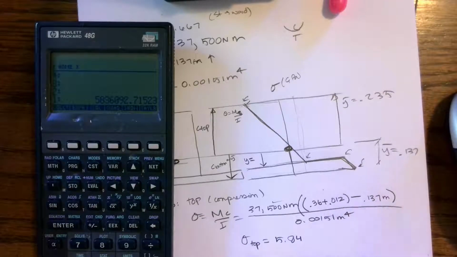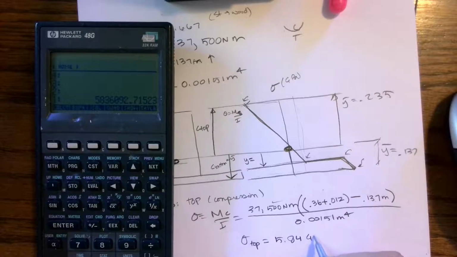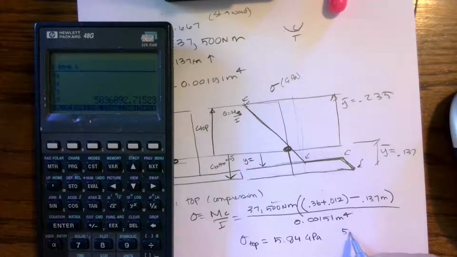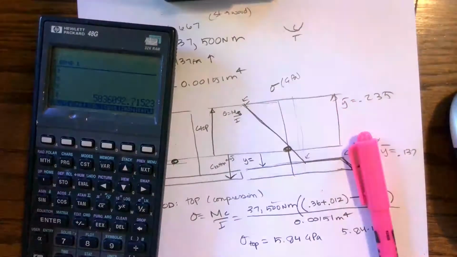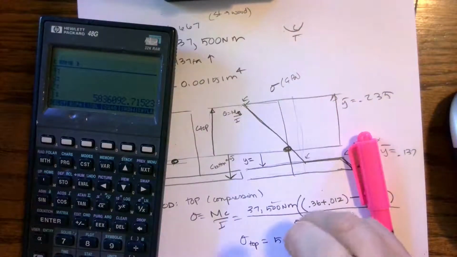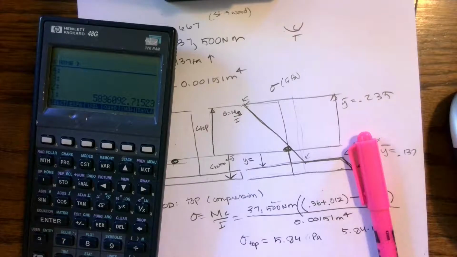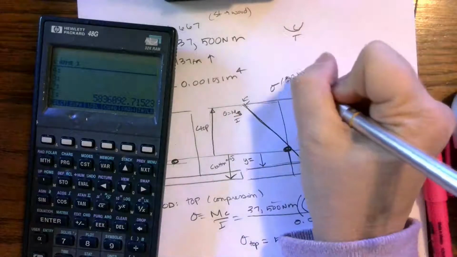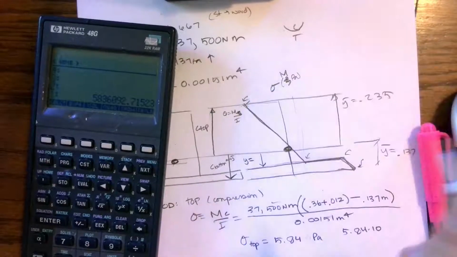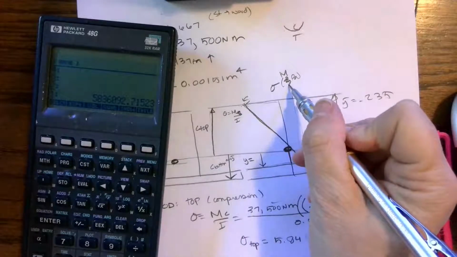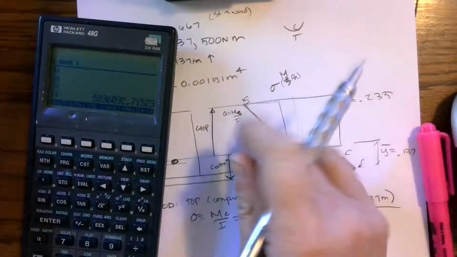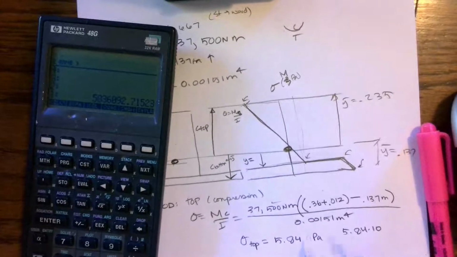Okay, and we moved it over times 10 to the 6, so gigapascals. Or you could call it 5.84 times 10 to the, actually that's mega. I got carried away with how much I was moving things. Okay, so that means if we've been looking at stresses as gigapascals and we're only in megapascals, we have a lot more capacity in this beam than the load that we're putting on it.